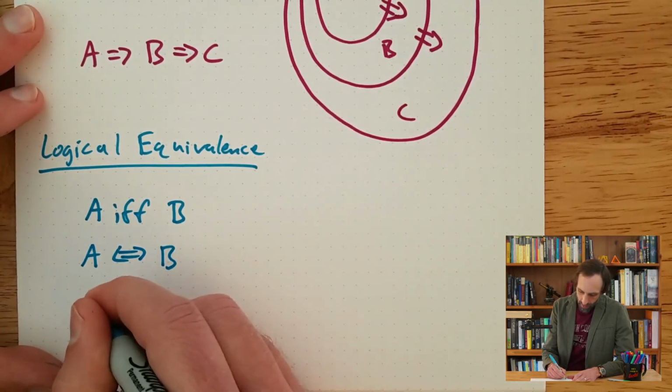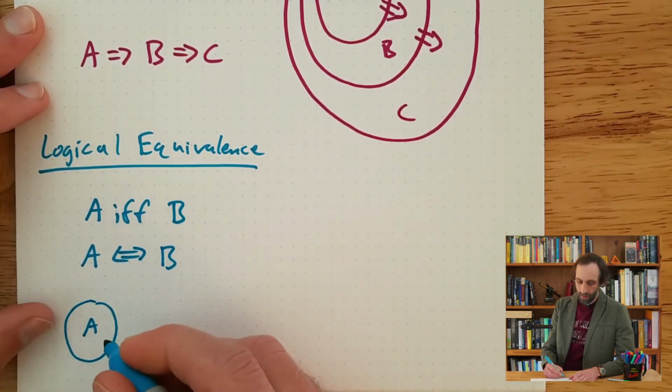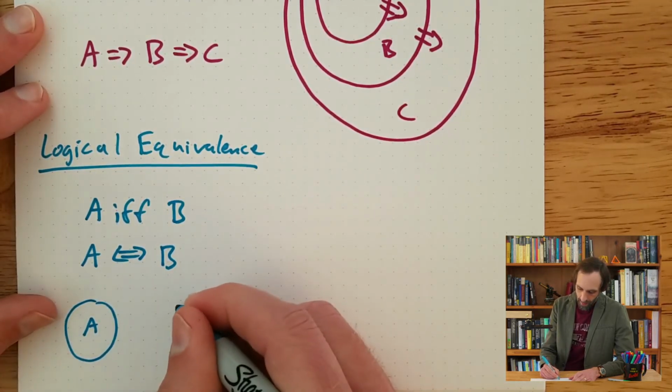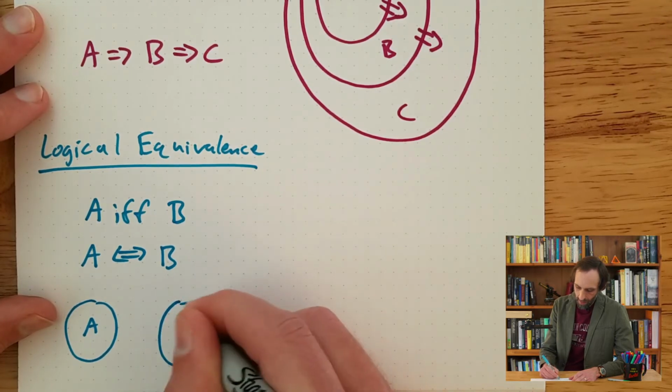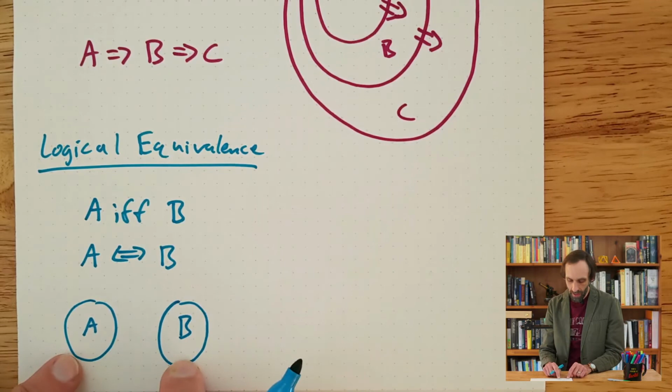So we have this set of all things A, and this other set representing all things B. What is the relationship between these two sets?